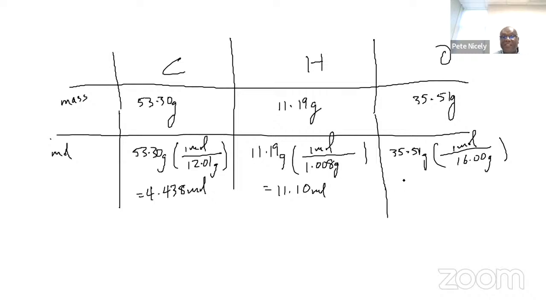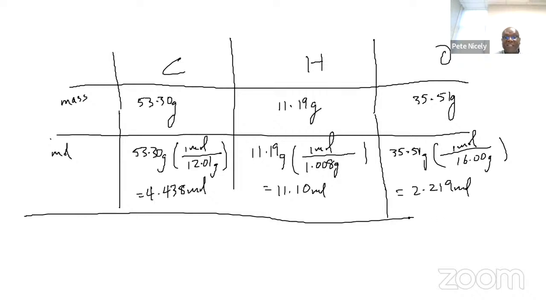And then we take the next one, 35.51 divided by 16.00. And this works out to be equal to 2.219 moles.